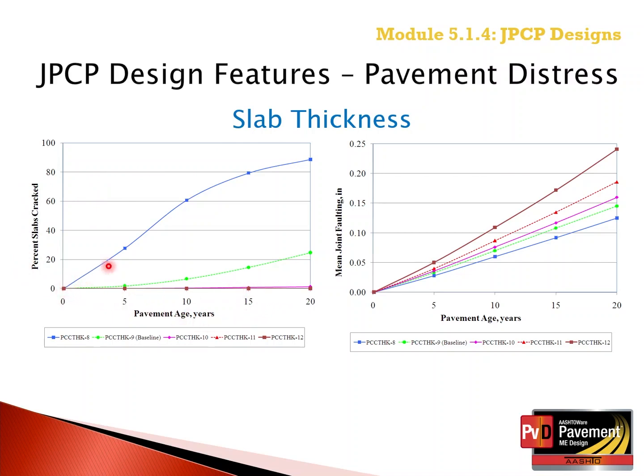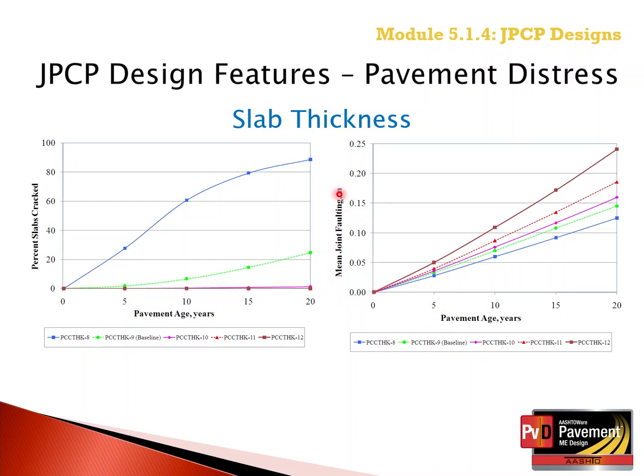With the blue, that's a JPCP slab thickness of 8 inches. The green is 9 inches. The purple is 10 inches, and then also there's 11 and 12 inches. So PCC slab thickness is extremely important to fatigue cracking of concrete pavements.